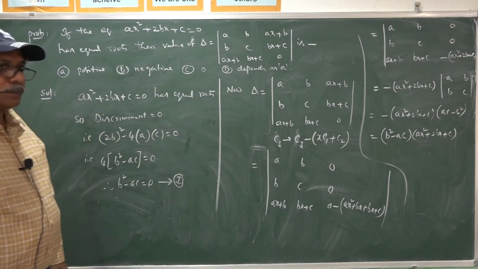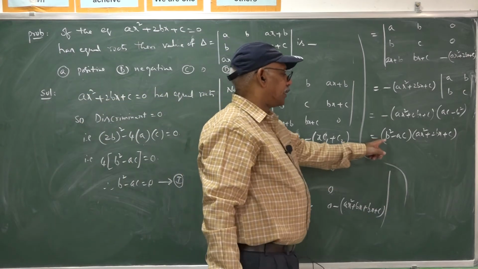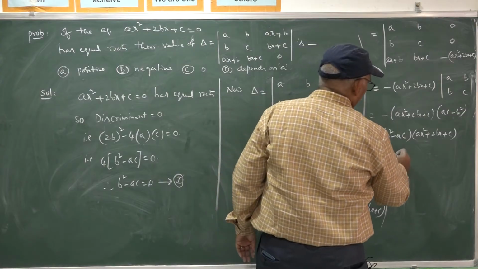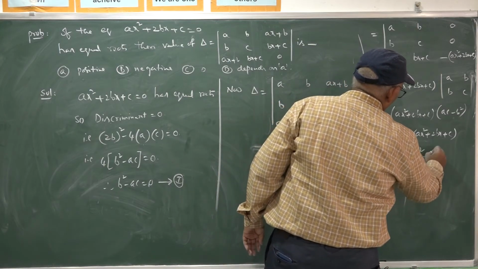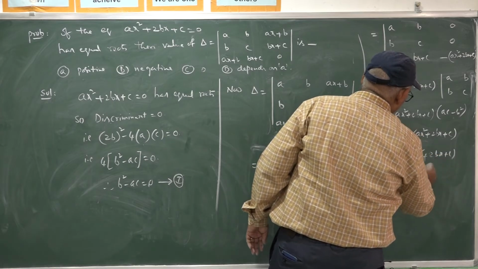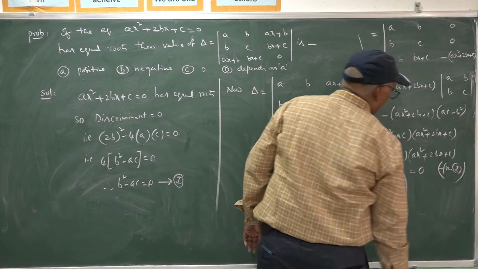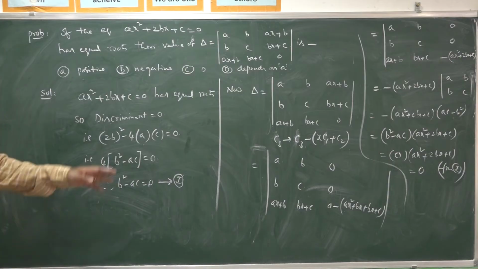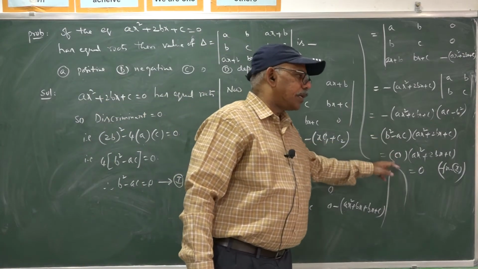But from the relation 1, B square equal to AC. Hence it becomes 0. Now from 1 it is 0 into this value, 2bx plus c, which is 0 from 1. From the relation 1, B square equal to AC, hence B square minus AC becomes 0.